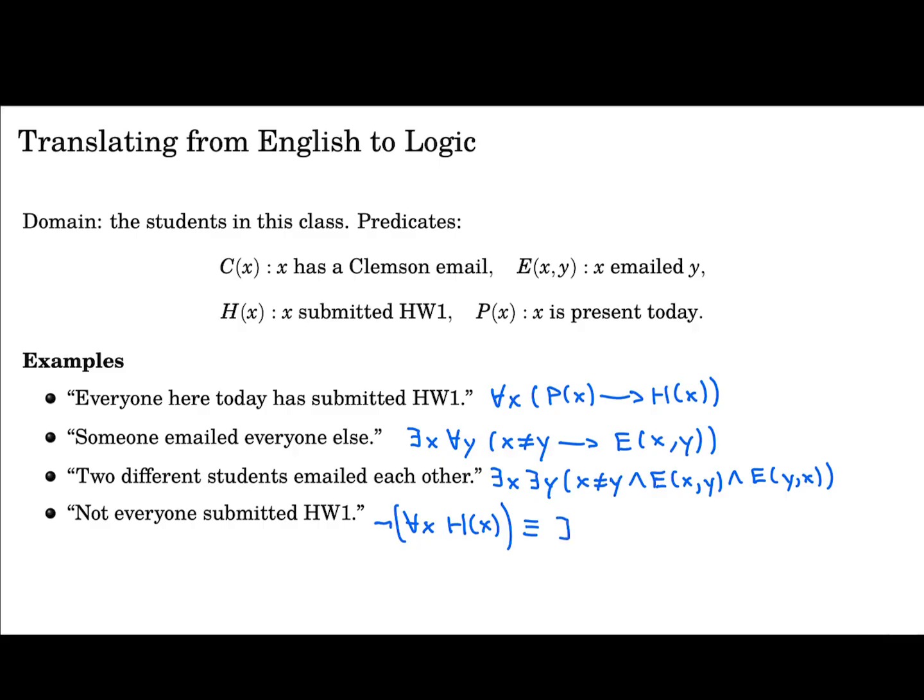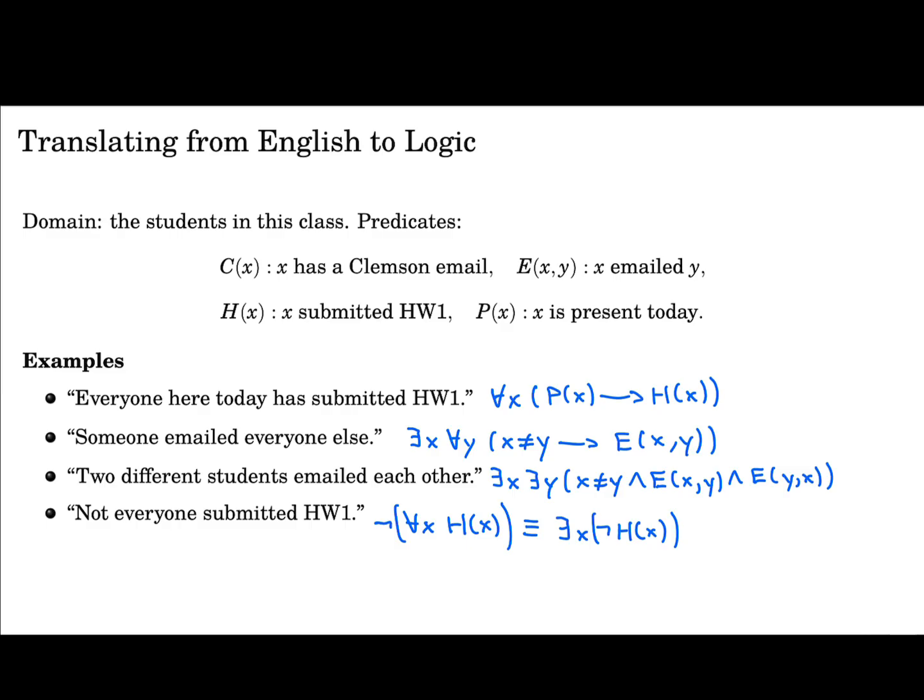So there exists an X such that homework 1 was not submitted, right? And here I can put the parentheses to make it clear. So there exists an X such that not H of X. And these two are equivalent.